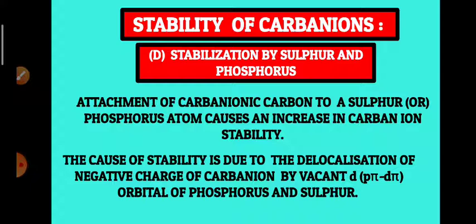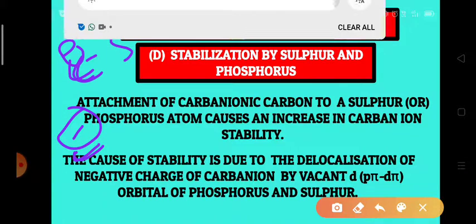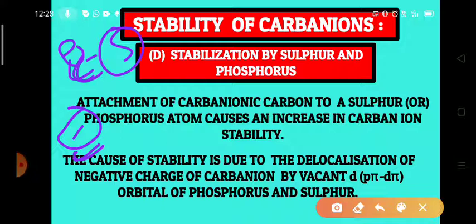So when sulfur or phosphorus is present adjacent to the carbon ionic carbon, here I have written sulfur adjacent to the carbon ionic carbon, and now I am writing phosphorus atom in the adjacent position to the carbon ionic carbon. So the presence of the sulfur or phosphorus atoms adjacent to the carbon ionic carbons increases the stability. Why it increases, let us know.